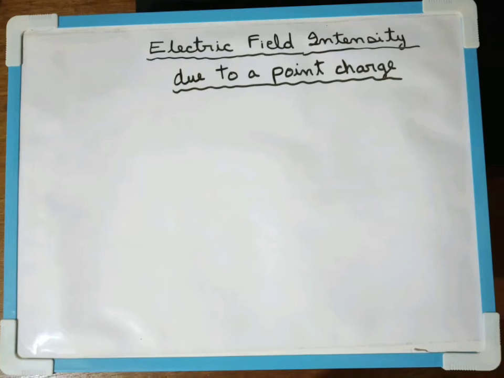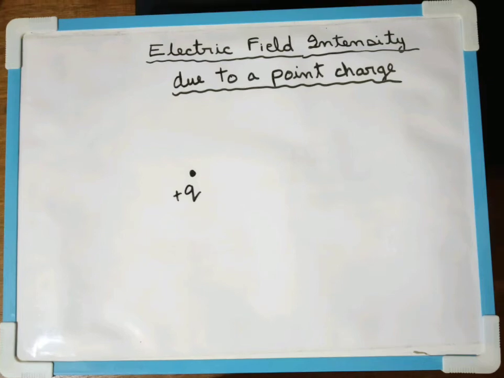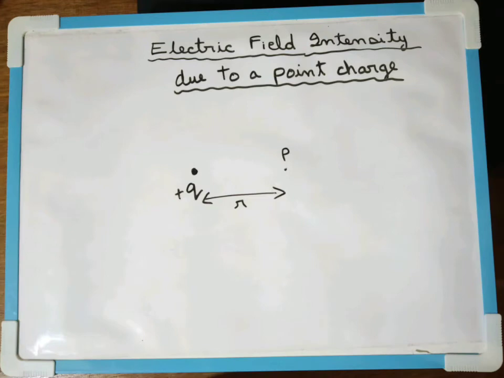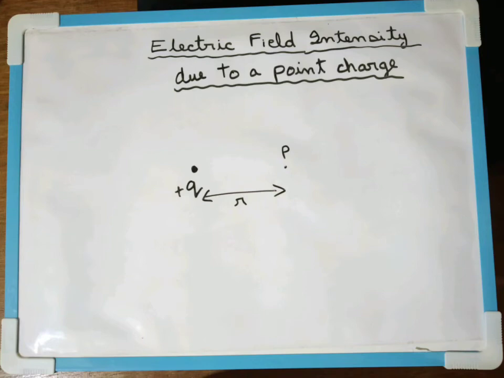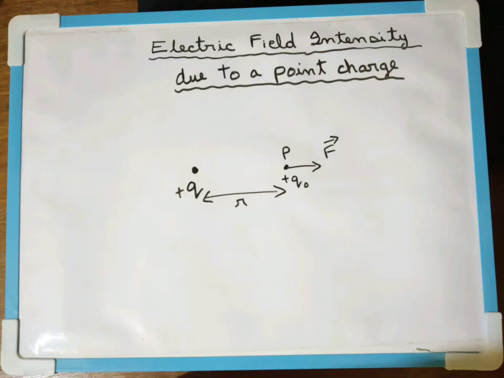We consider a point charge, say a positive point charge plus Q, and say we want to find the electric field intensity due to this point charge plus Q at point P, which is at a distance R from this point charge plus Q. To find the electric field intensity at this point P, we shall bring a positive test charge at this point P. And this positive test charge will experience a force of repulsion, which is denoted by F.